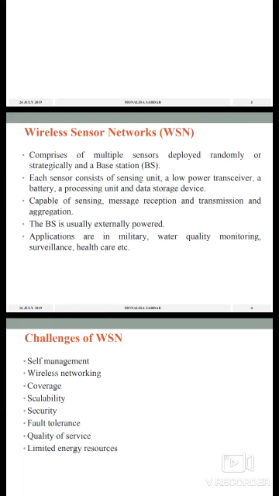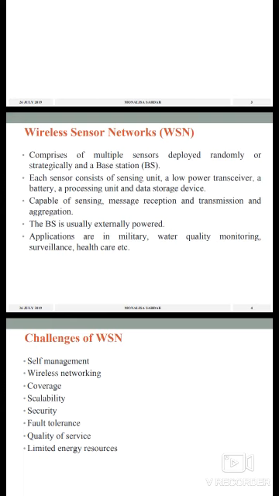They are very capable of sensing and message reception and transmission and aggregation. Aggregation is basically combining multiple messages into one message. And the BS, that is the base station, is usually externally powered, and it is usually far away from the sensor field, or it can be within the sensor field also.